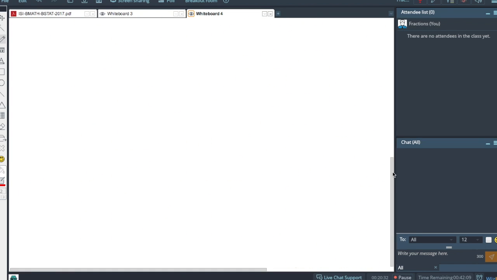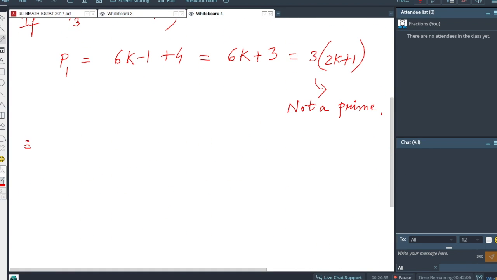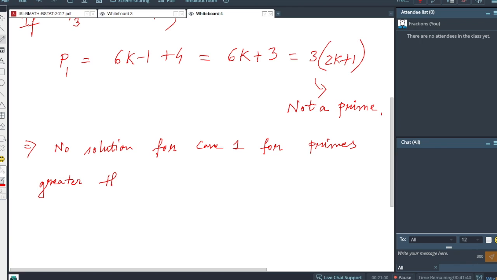So we have no solution for this case. Primes greater than or equal to 5.